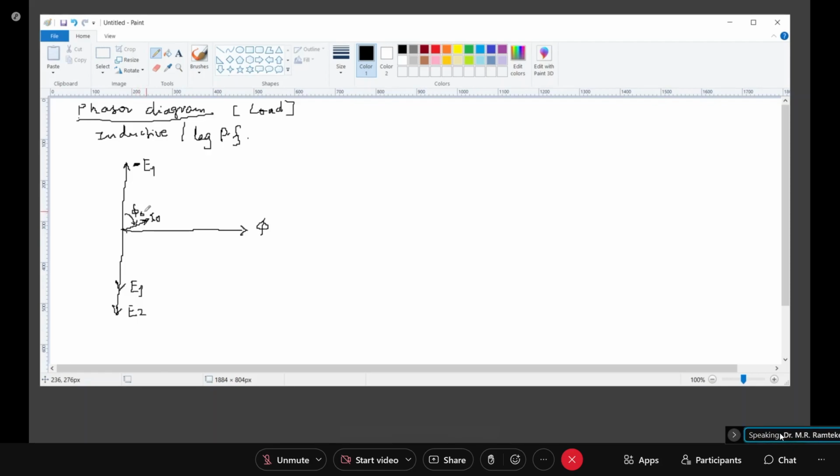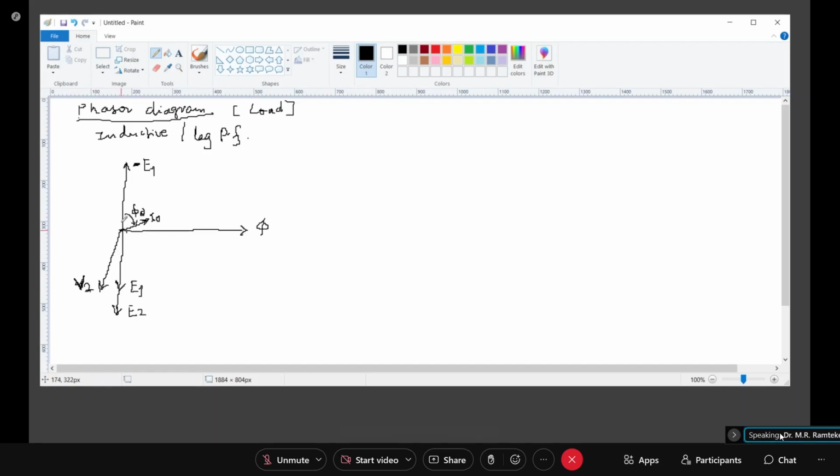Now E2 and V2. Under no load condition, E2 and V2 will be equal and in phase, but practically there is a small angle between E2 and V2. This is V2.